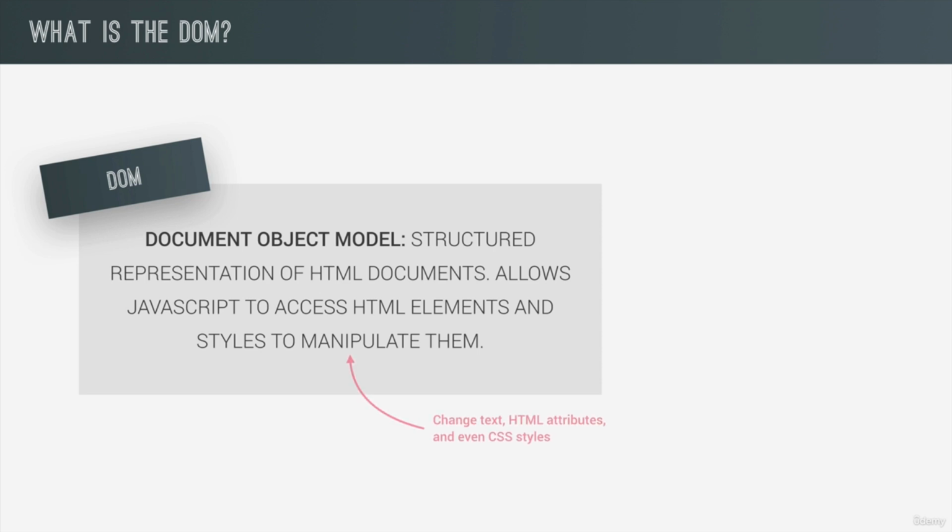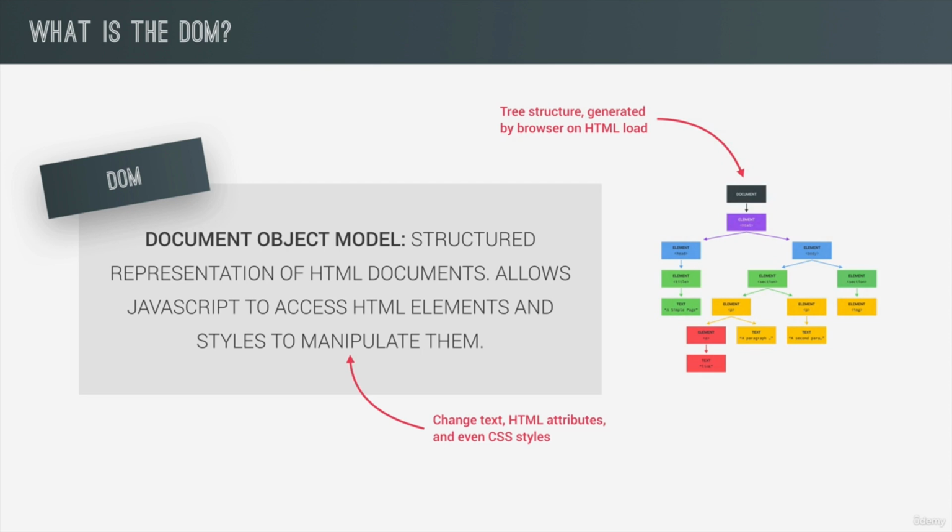For example, we will be able to change text, to change HTML attributes, and also to change CSS styles from our JavaScript. So we can say that the DOM is basically a connection point between HTML documents and JavaScript code. Now, the DOM is automatically created by the browser as soon as the HTML page loads, and it's stored in a tree structure like this one.